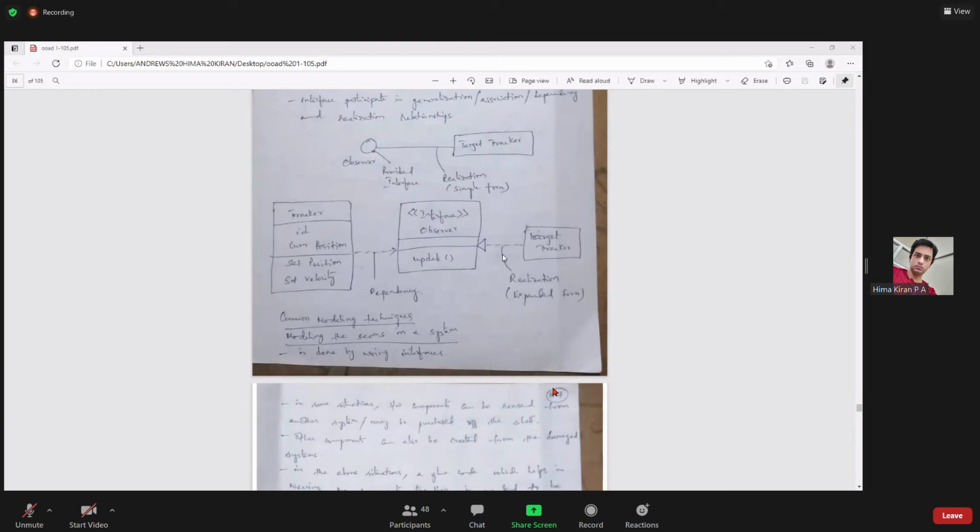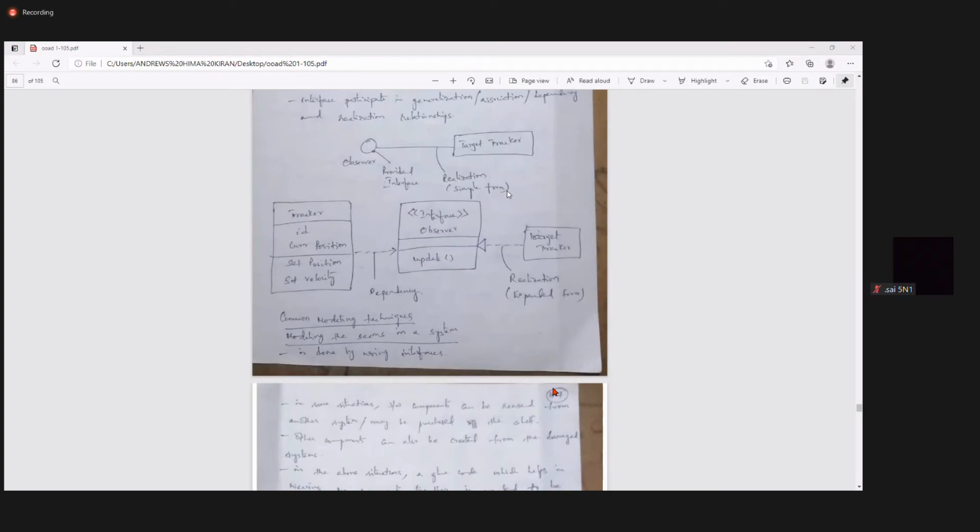Consider the first classifier as the manufacturing department, and the second classifier as manufacturing a product. The first classifier is ensuring a contract to carry out the work, that is manufacturing a product. Then between those two classifiers, we have to use a realization relationship.